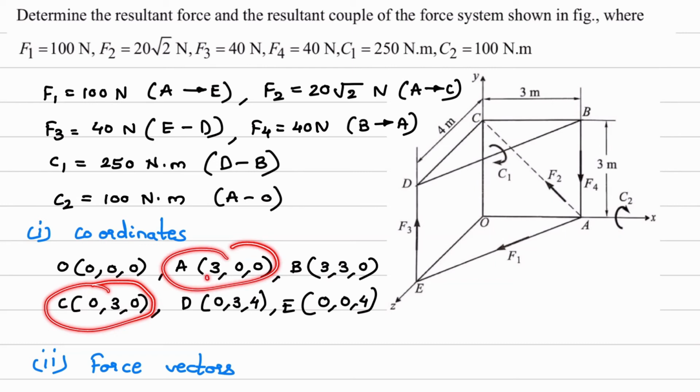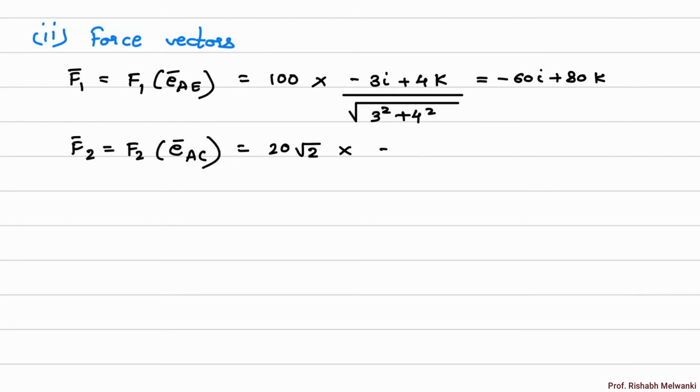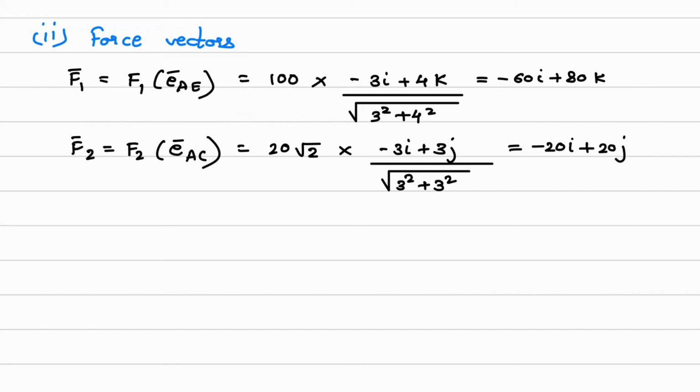So minus 3i plus 3j, divided by the square root of 3 squared plus 3 squared, equal to minus 20i plus 20j.